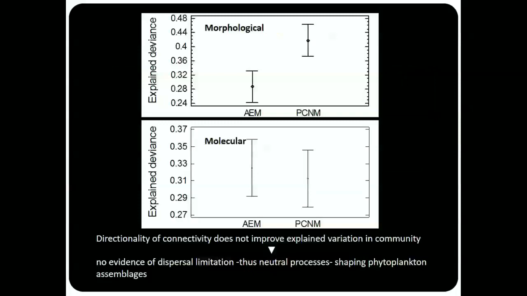Which was not the case, however, because in this AEM approach, when this component of connectivity was added, the explained deviance was either less or similar between the two approaches. Therefore, we do not see any evidence for improved explained variation when we account for dispersal limitation between our gulfs.